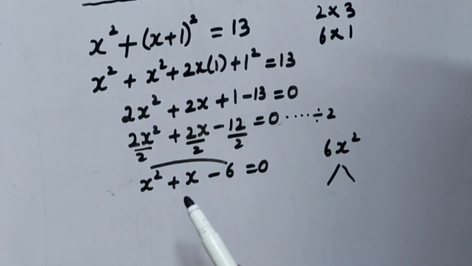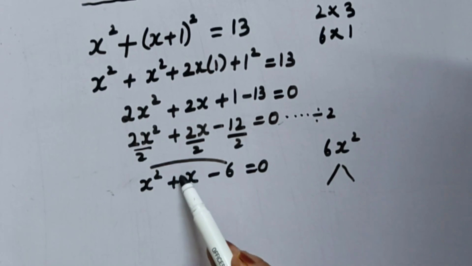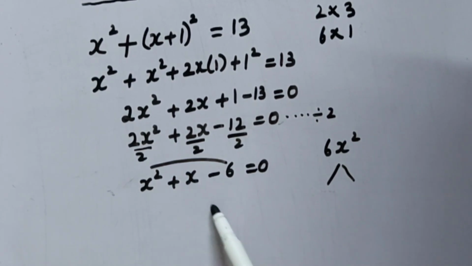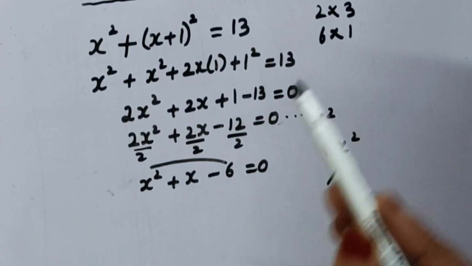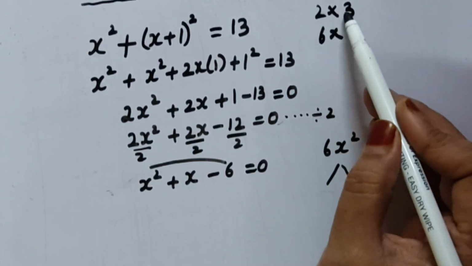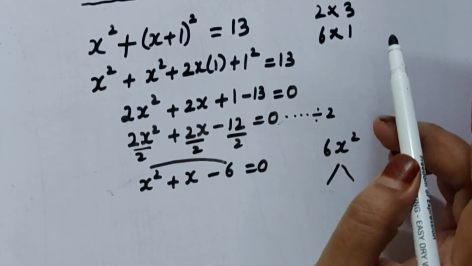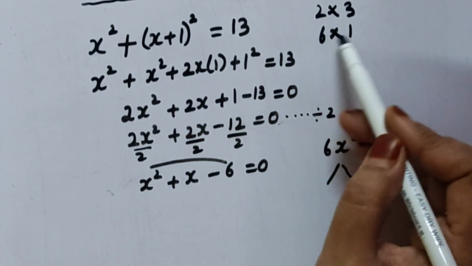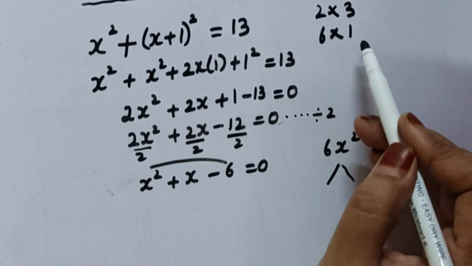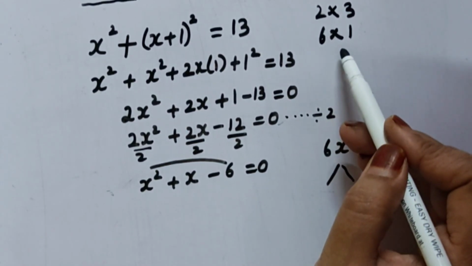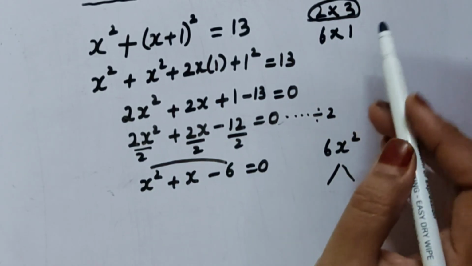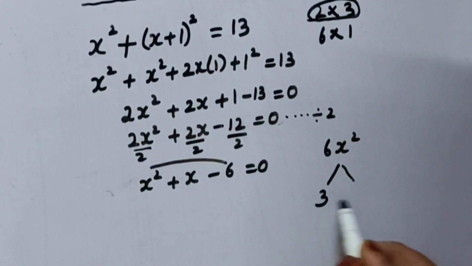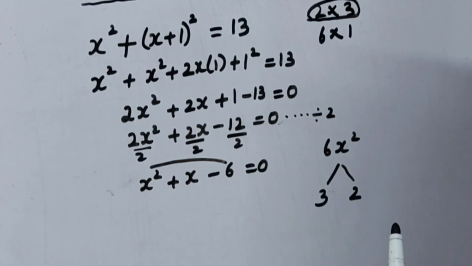Now here we have got 1 in the middle term, so middle term splitting we have to do. So we need to check. If I subtract these both, I get 1. In the other pair, if I subtract I will not get 1, and if I add also I won't get 1 here. So these are the correct factors. So always take the greater number followed by the smaller number.